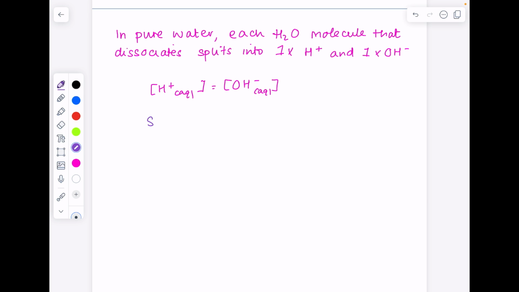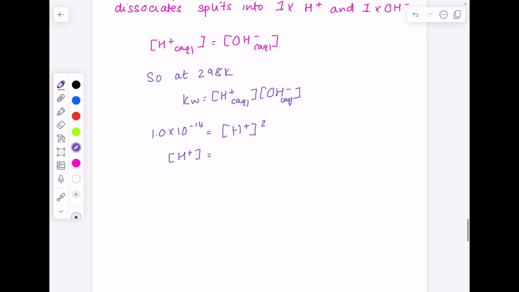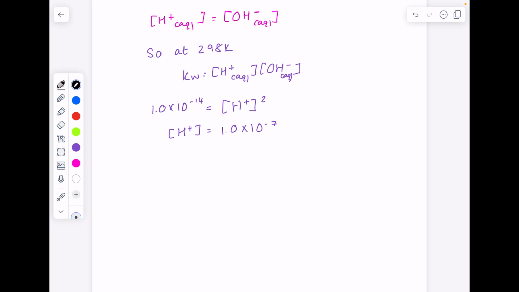And then based on the value of Kw at 298 Kelvin, if we rewrite the ionic product of water equation, sub in that value, which was 1.0 times 10 to the minus 14, we can therefore write, because these two are equal, that it equals [H+] squared. So if we square root, we'll find the concentration of H+ ions as being 1.0 times 10 to the minus 7.